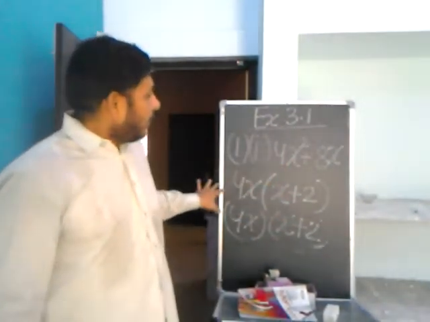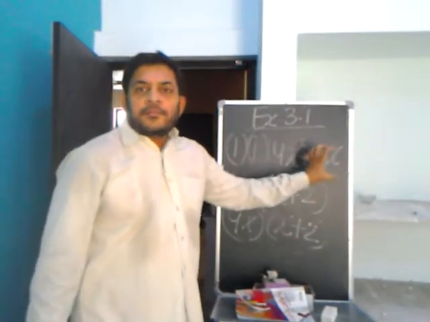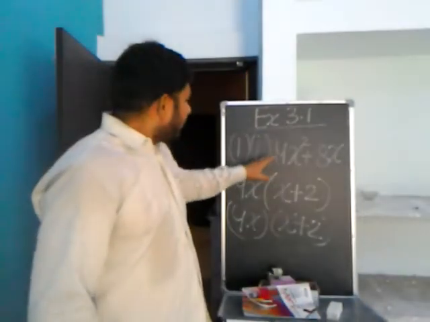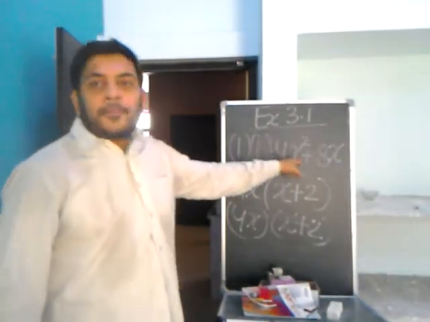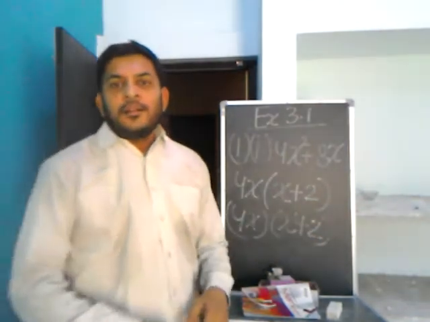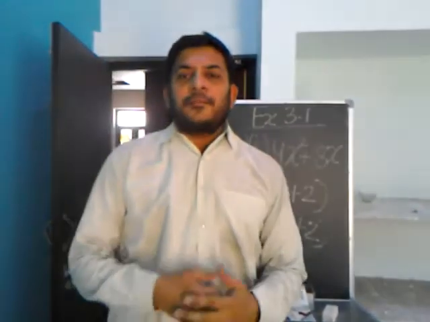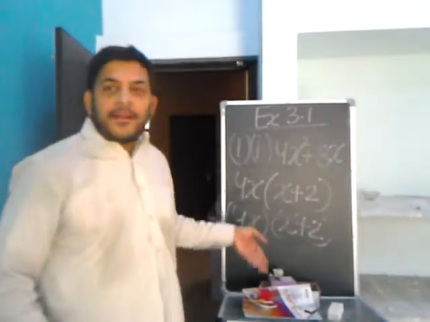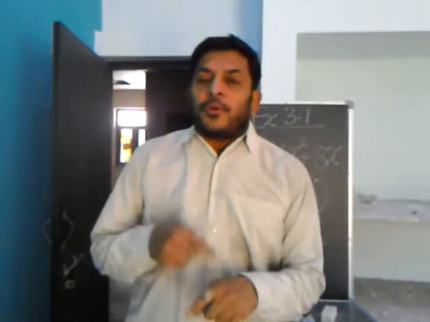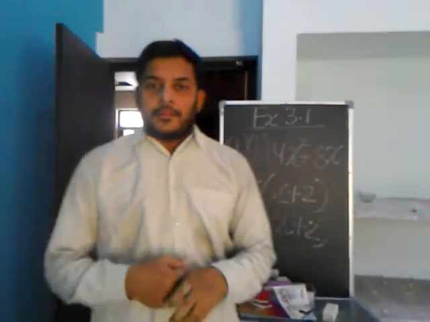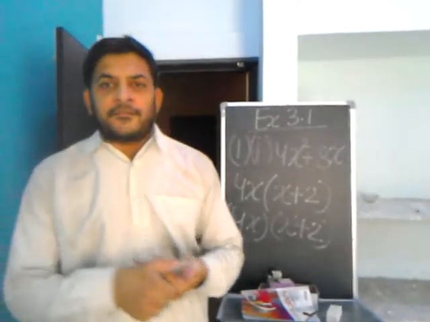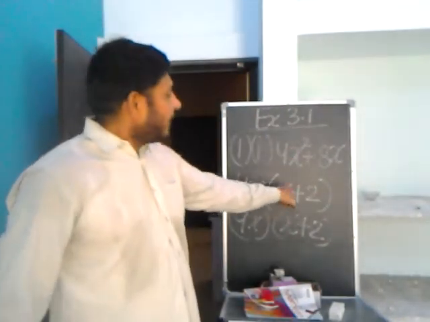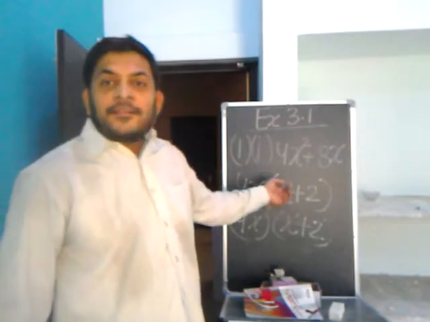Because this quadratic polynomial had just two terms, I simply took 4x as common. 4 and 8 are divisible by 4, and x square and x both can be divided by x without going into the denominator. So 4x was common. What remained in the bracket? x plus 2.